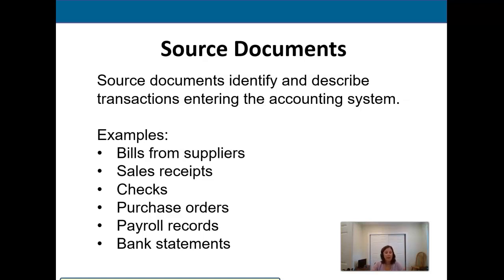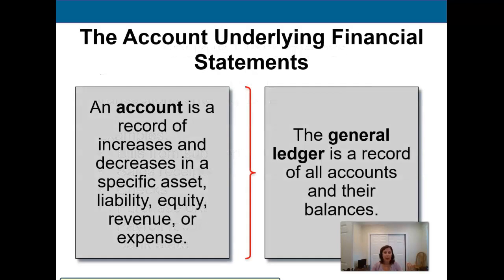Basically, it is a document that tells us, hey, something happened. So once we figure out that something happened, the question becomes, what is it that happened? What accounts were impacted? And how are we going to record those?